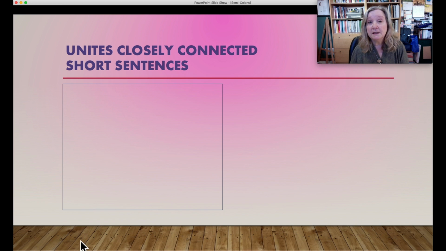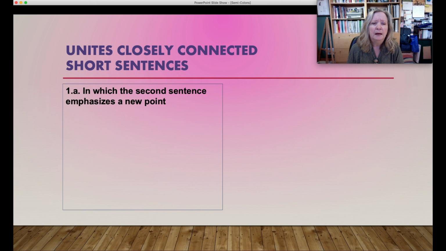All right, the first instance is it unites closely connected short sentences. And when I say closely connected, I mean closely connected in ideas. In which the second sentence emphasizes a new point about the first sentence. She did not rent; she purchased. Easy enough.